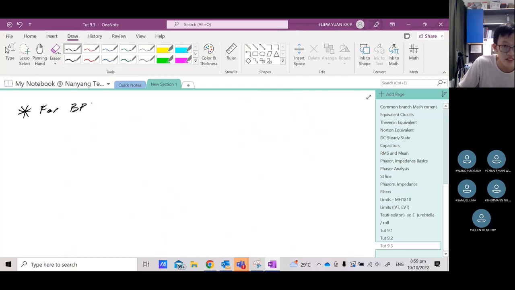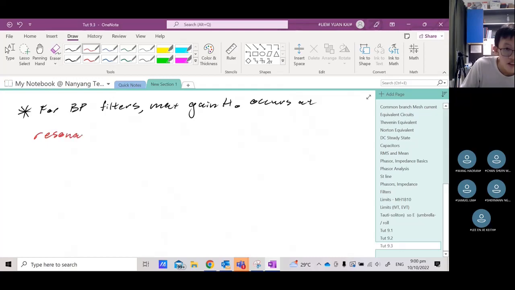For bandpass filters, max gain, which we said is H naught, occurs at resonant frequency. Okay, resonant frequency.